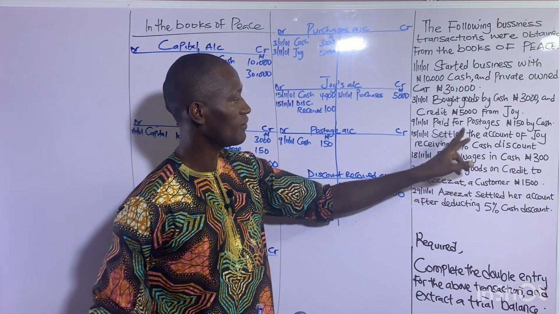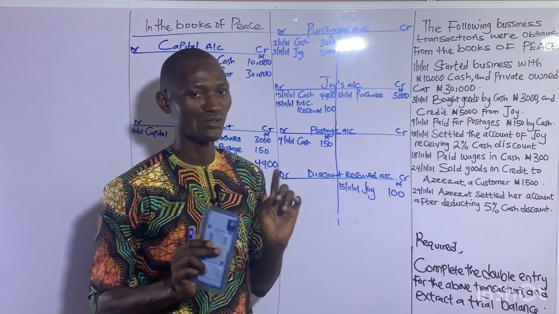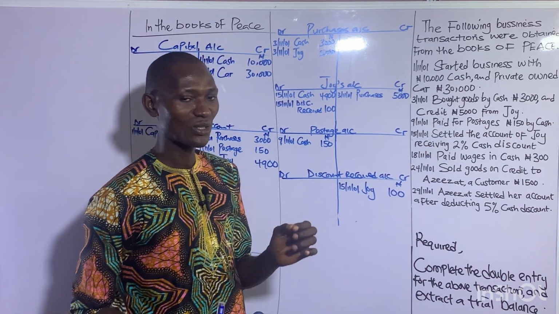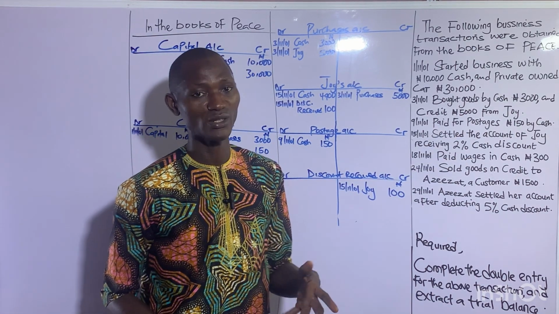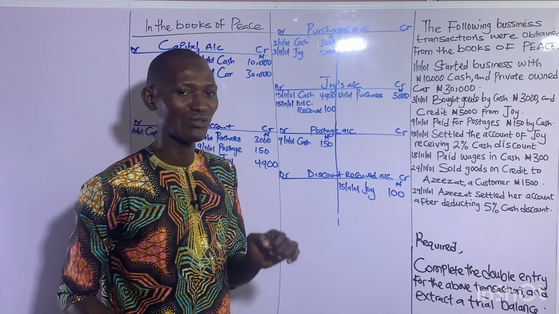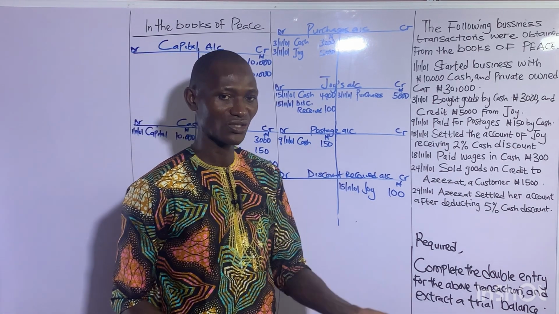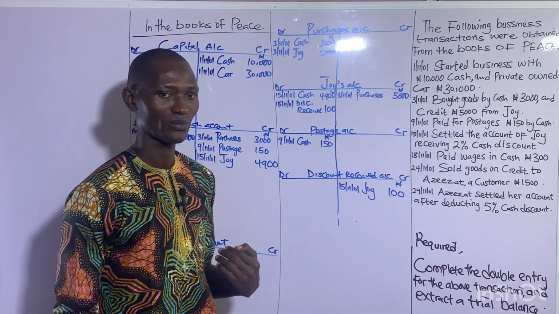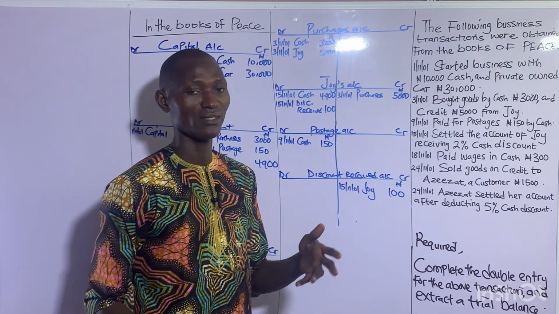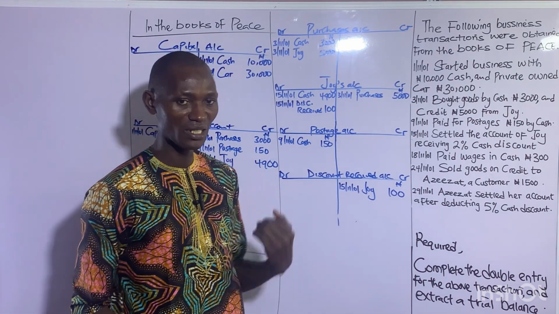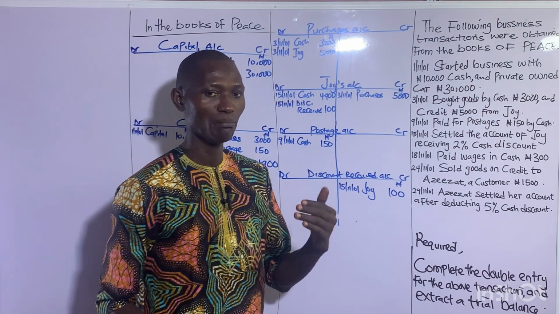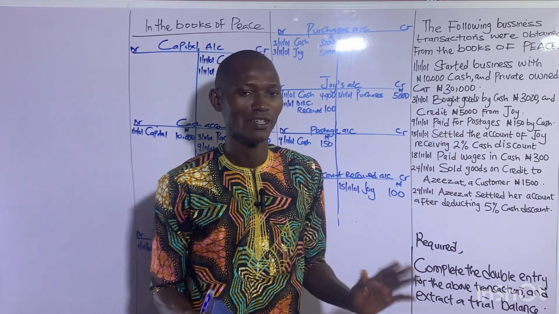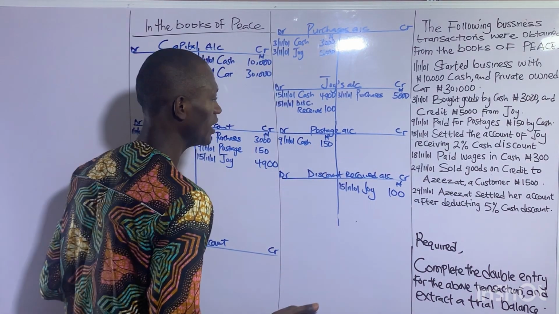So 2% of 5,000 naira, that's 100 naira. Then that 5,000 naira minus 100 naira gives us 4,900. So that 4,900 is the actual cash that Joy receives. And the 100 naira difference is the discount, which was received by Peace, but allowed by Joy. Very simple.